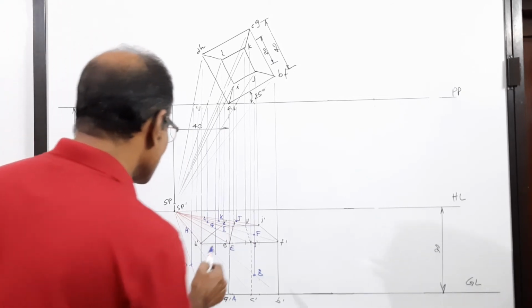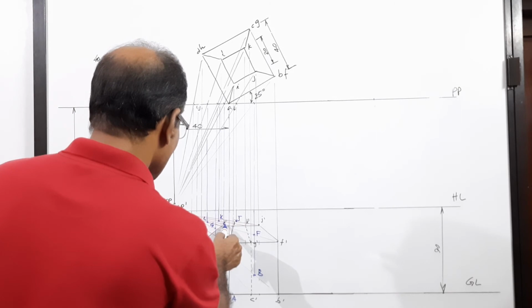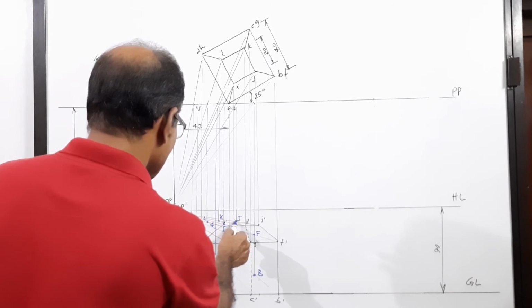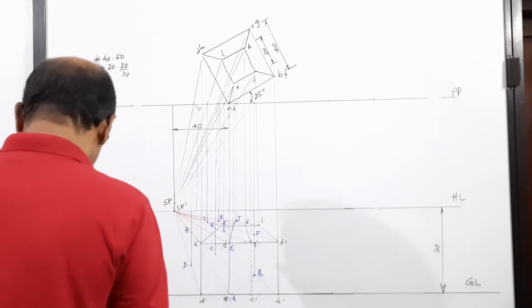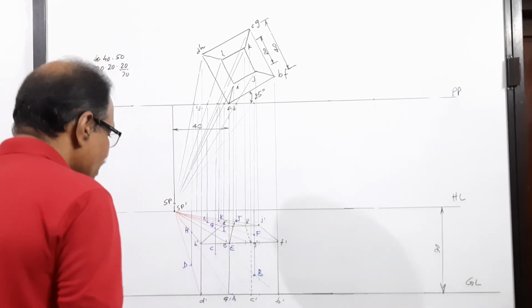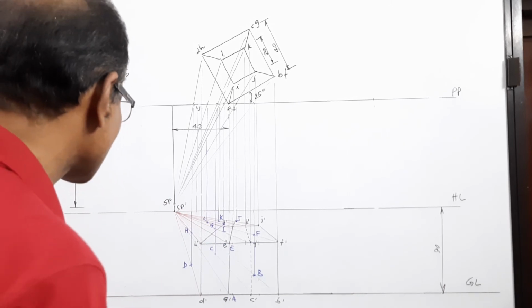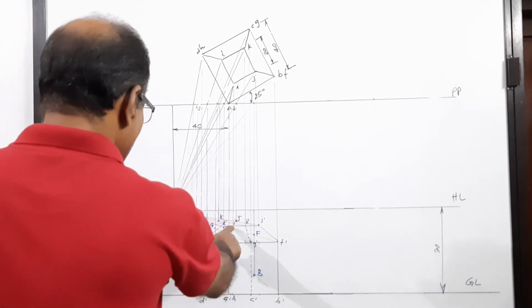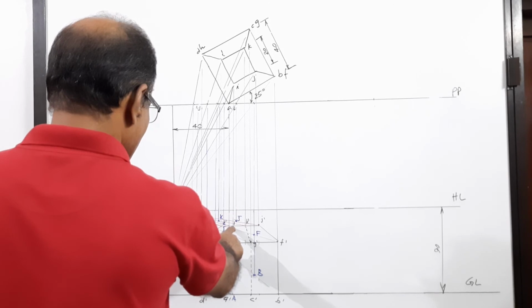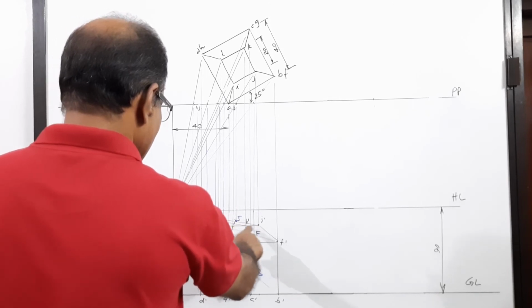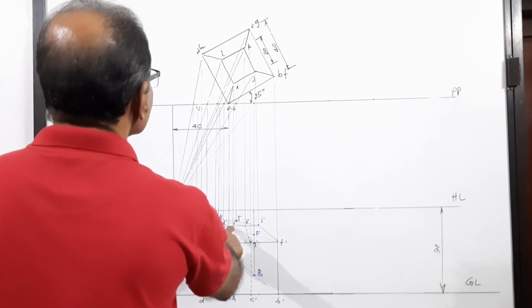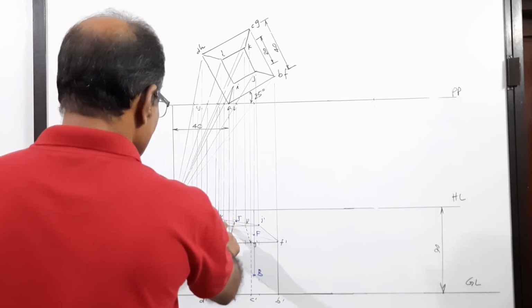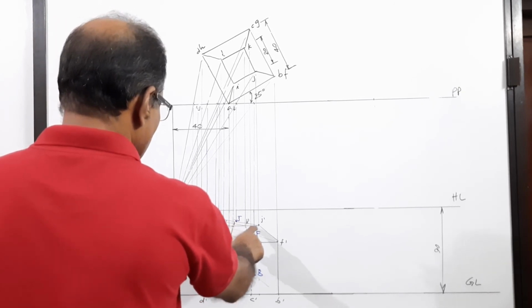Something is wrong. I, J, K, L. Okay, before connecting, we have to examine if it is correct. I is on the intercept I, no doubt.